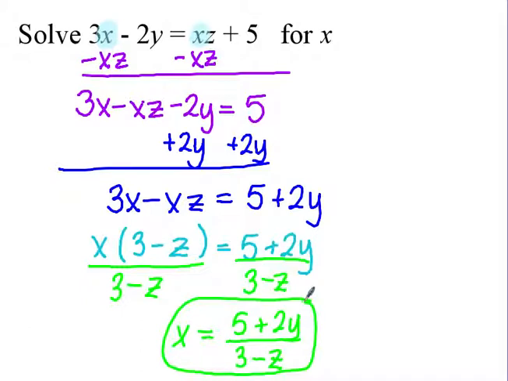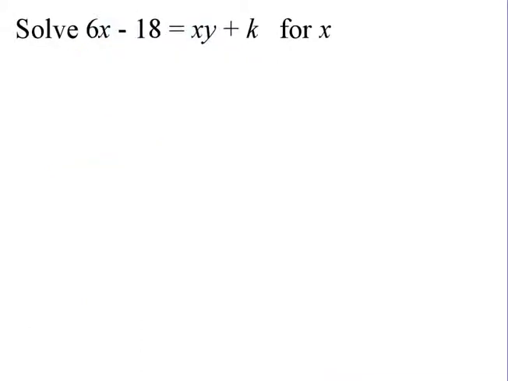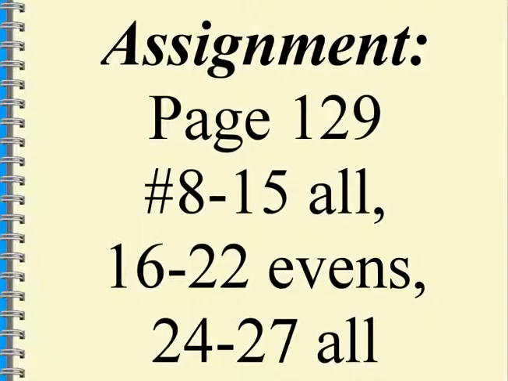Okay, I'm running out of time, which we actually got through quite a bit. So what we're going to do right now is I'm going to go ahead and give you this. This is your assignment, page 129. 8 through 15 all, 16 through 22 the evens, and let me look real quick, 24 through 27 all.